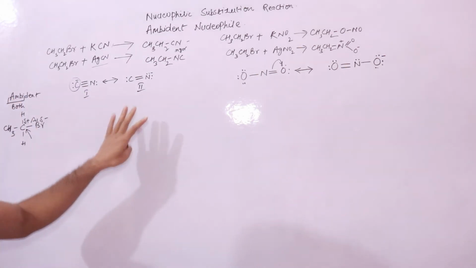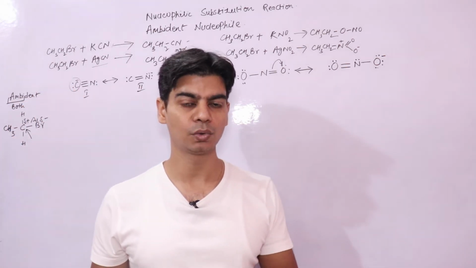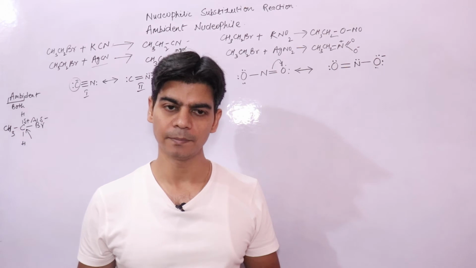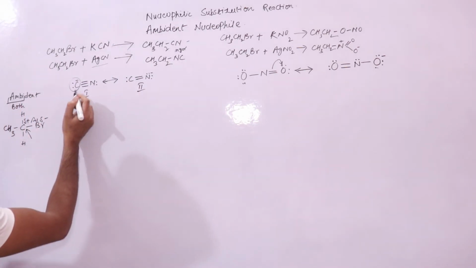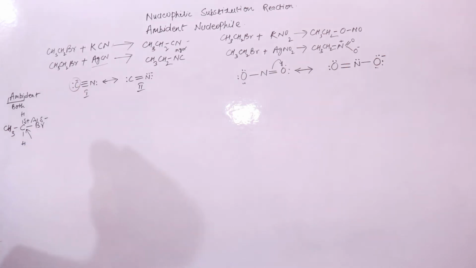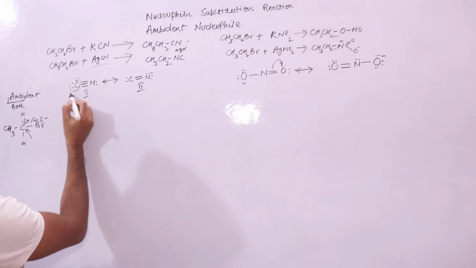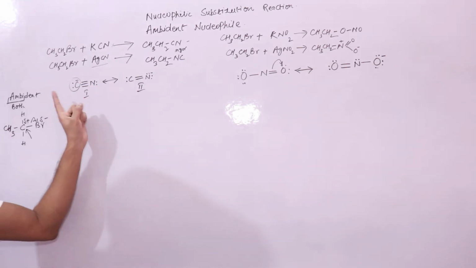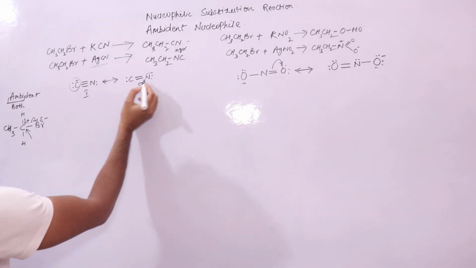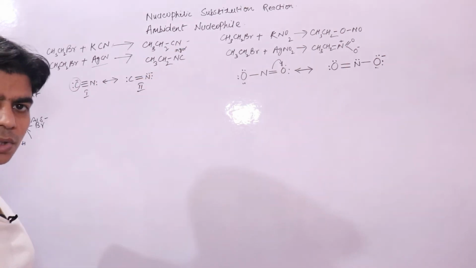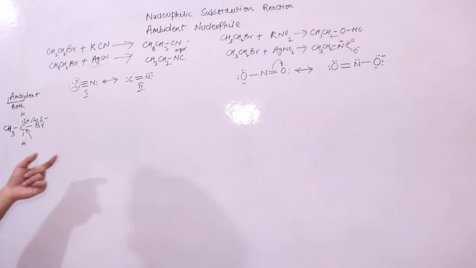So such nucleophiles that have two attacking centers, that can attack through two centers, are your ambident nucleophiles. In other terms, it can attack through both of its atoms. You can see ambident is both, so ambident is that which can attack through both of the atoms. It can attack through carbon to form cyanide, and it can attack through nitrogen because of the lone pair of electrons on the nitrogen atom that it can donate to the electron deficient carbon atom to form an isocyanide.